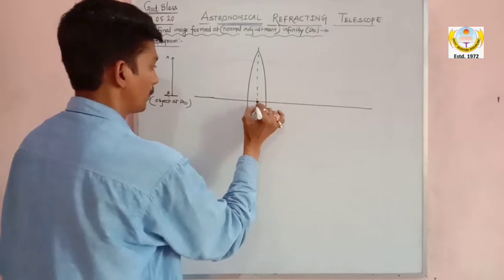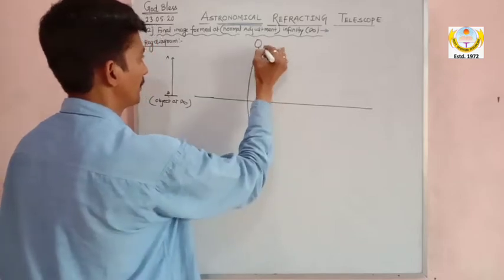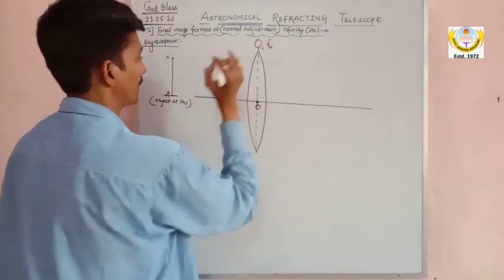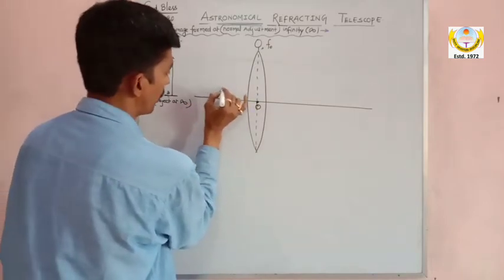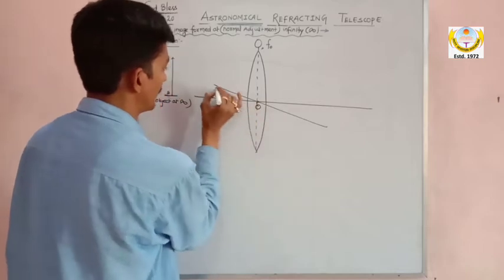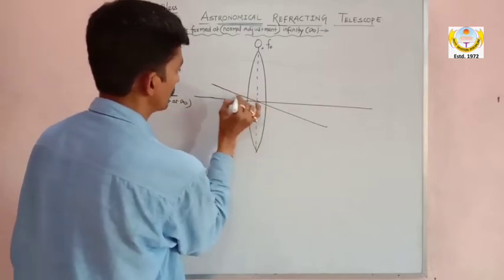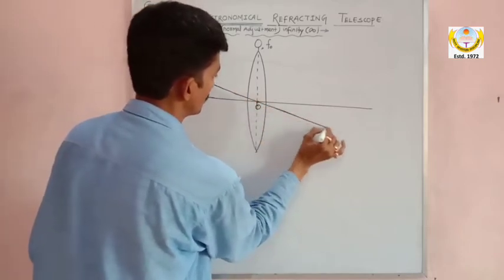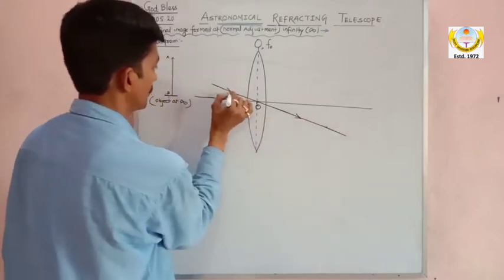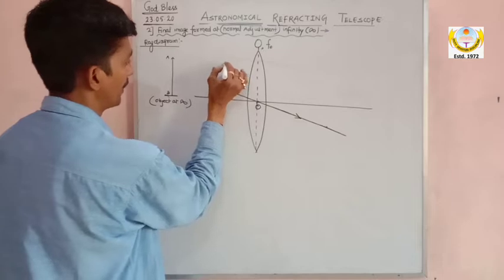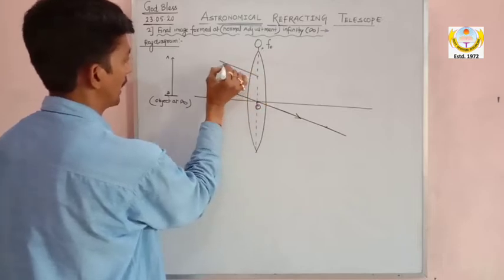This is the point O called objective. That is the objective lens with the focal length Fo. One of the rays is coming from the optical center. And another parallel ray will come from here, like this.